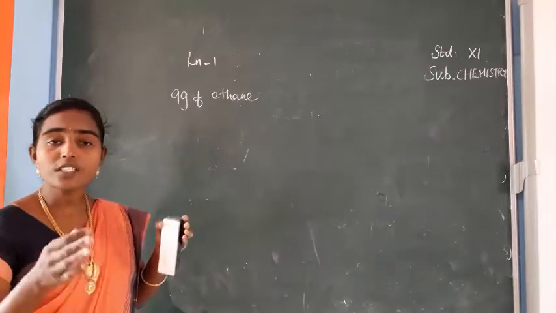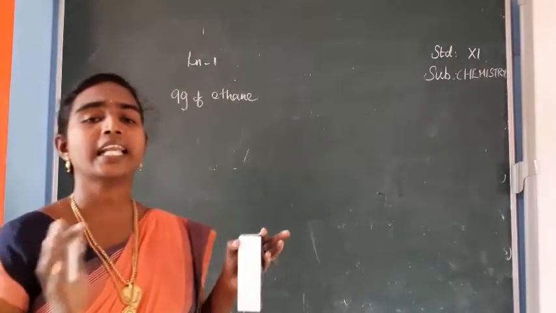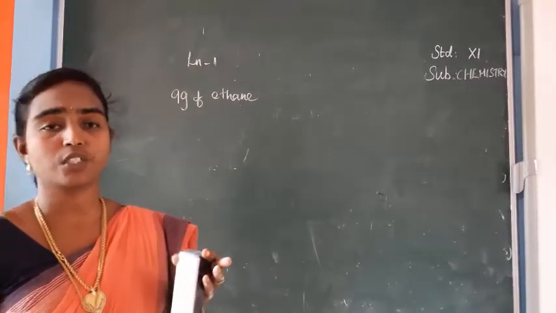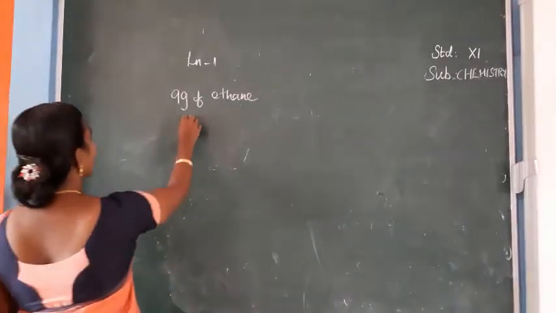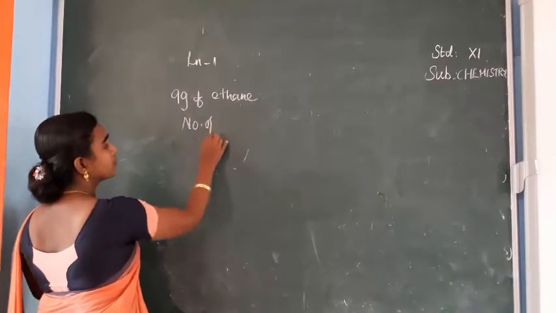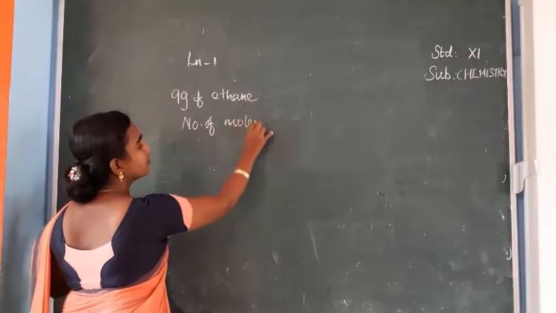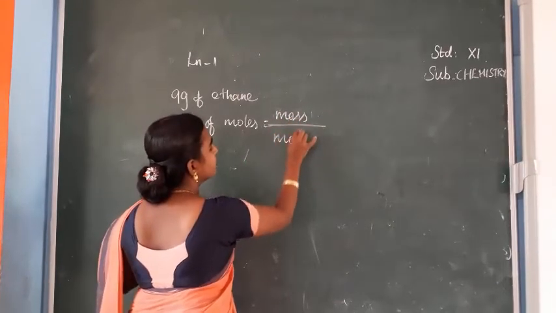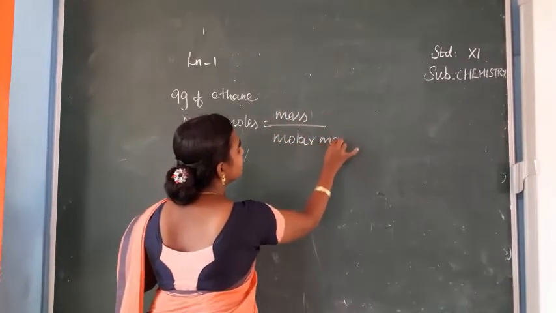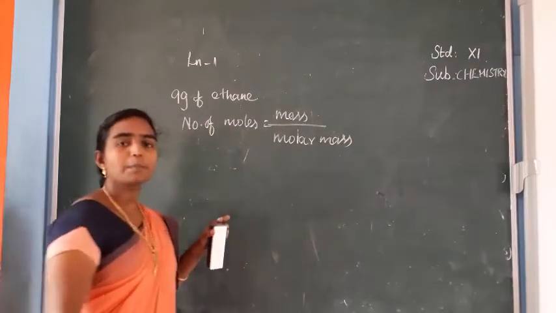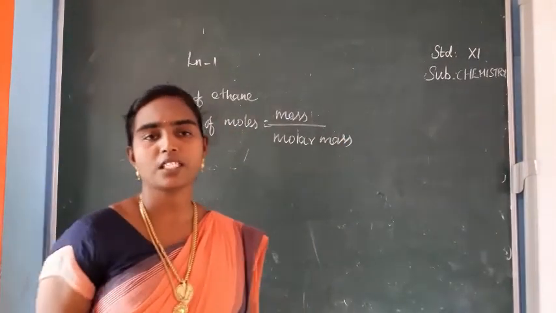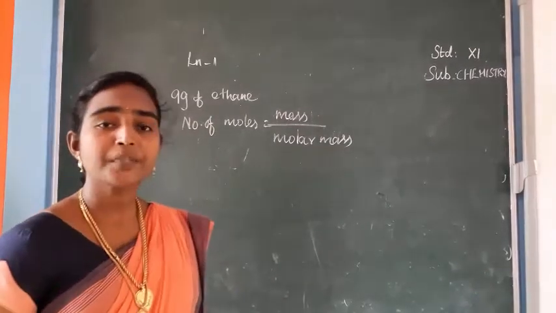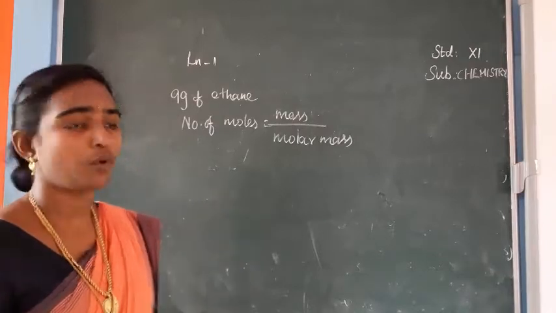How many moles are present in 9 gram of ethane? So we have to calculate the number of moles. For calculating the number of moles, the formula is mass divided by molar mass. So what's the formula? It is mass divided by molar mass.